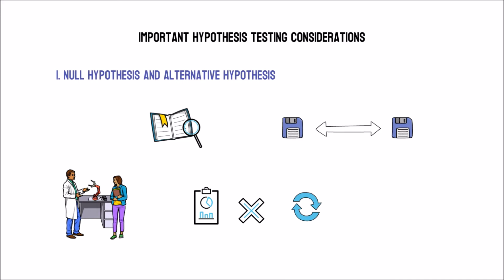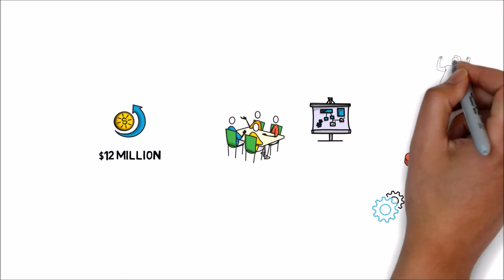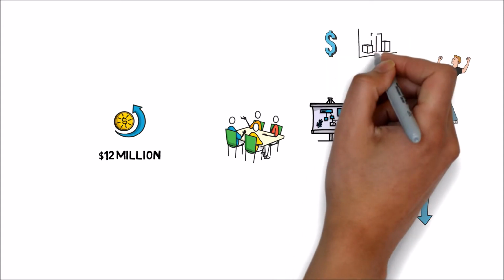It is frequently the inverse of what the alternative hypothesis indicates. Consider a company's strategy that has historically and consistently seen a return on investment of $12 million. The company would like to know if cutting its service prices will attract customers and, as a consequence, increase revenues.